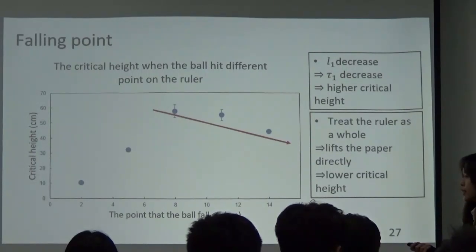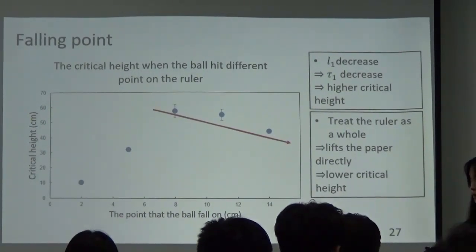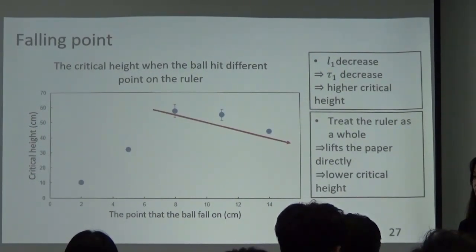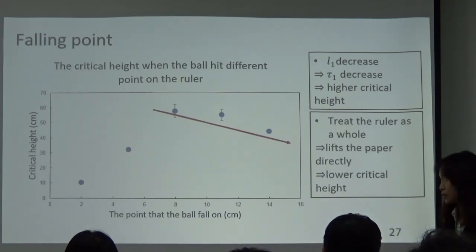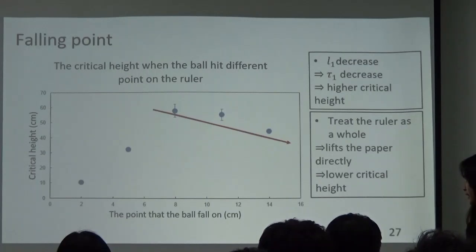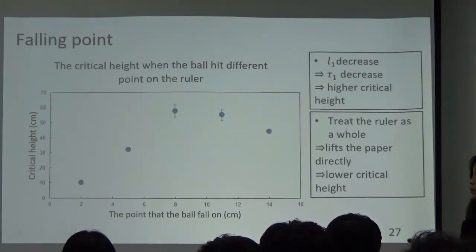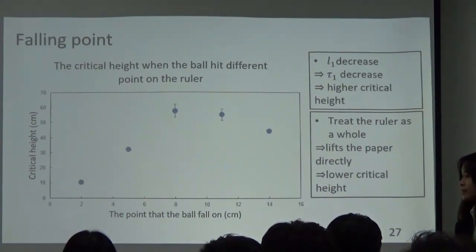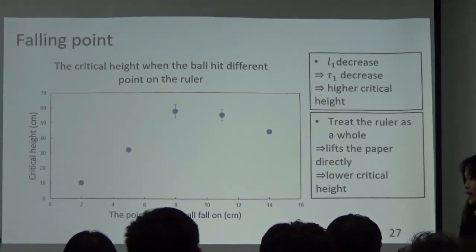But when we fall on a point that is really close to the table, it means that we can treat the ruler as a hook. It means that we just lead the paper directly, so it will lead to a lower critical height. When we combine these two factors, it will first rise and then fall, just like this.